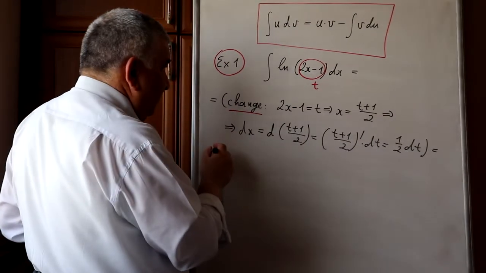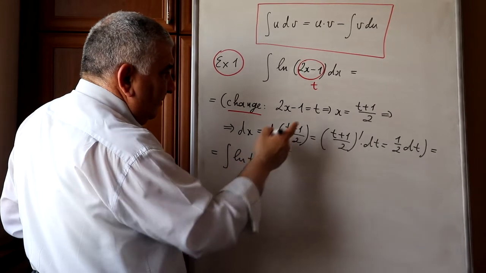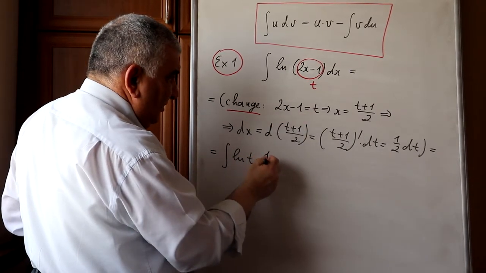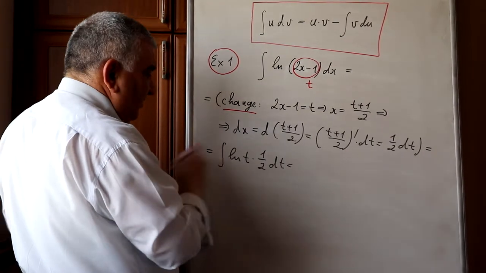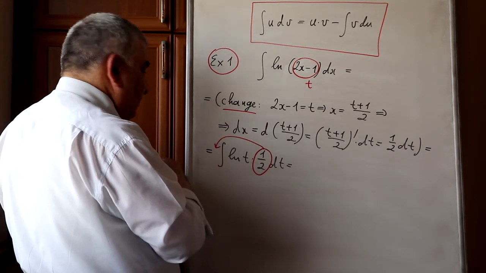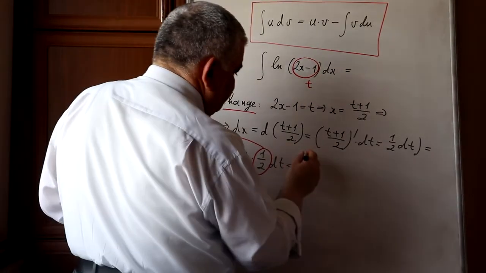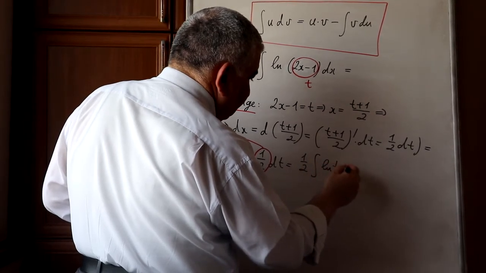Apply this change. Integral of natural logarithm of t multiplied by 1 second dt. Then we can take 1 second out of the integral symbol as the constant factor. 1 second multiplied by integral natural logarithm of t dt.